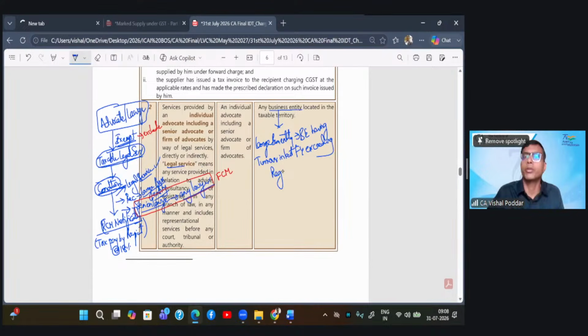Now, again, you know registration limit 20 lakhs, 40 lakhs, etc. So, whatever is the registration limit applicable to you, if the business entity is having turnover in the last financial year exceeding that registration limit, then that particular entity will be called a large business entity.